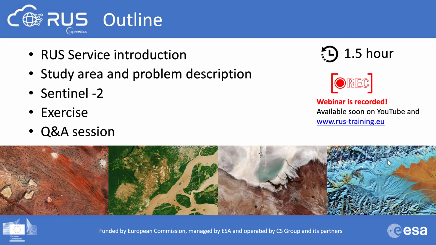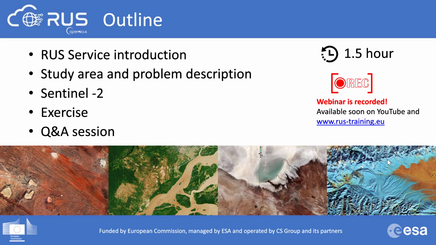So the outline of this webinar is following. I will introduce you first the RUS services and explain how you can access our virtual machines. Then I will introduce you to the study area and explain the drought problem which affected this area in years between 2016 and 2018.